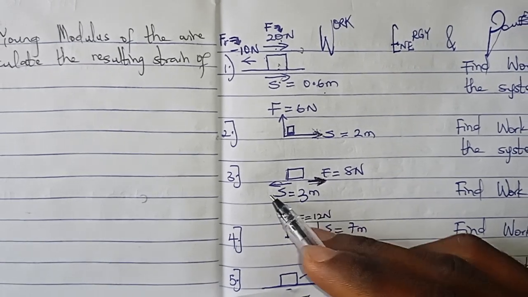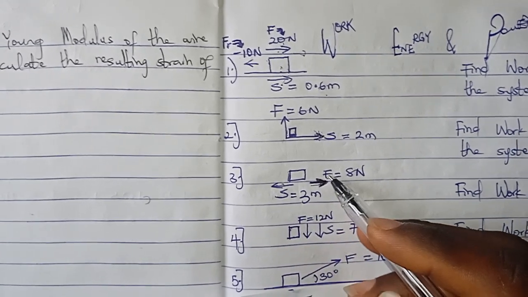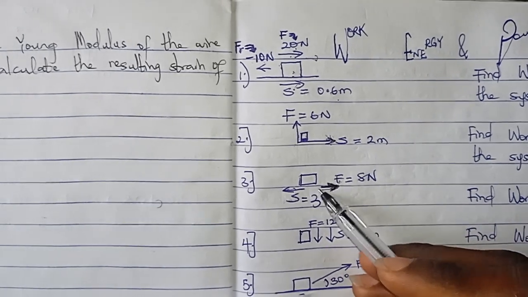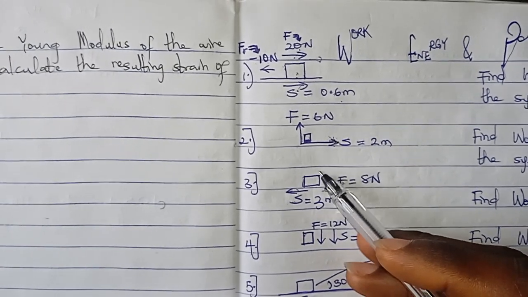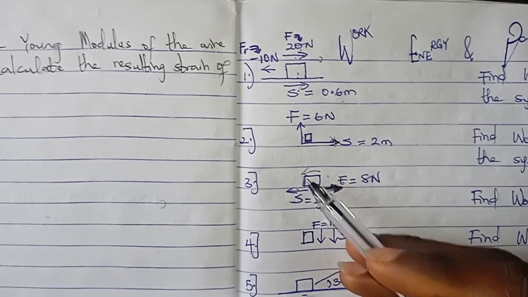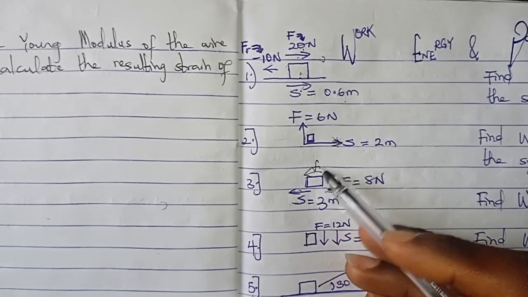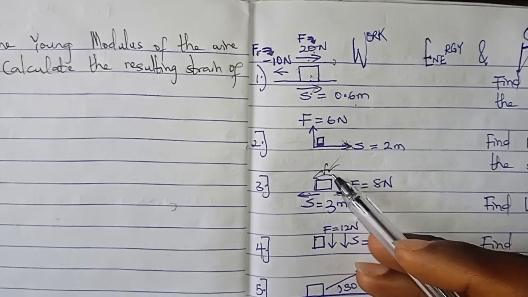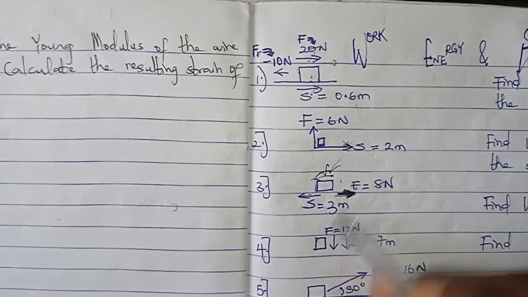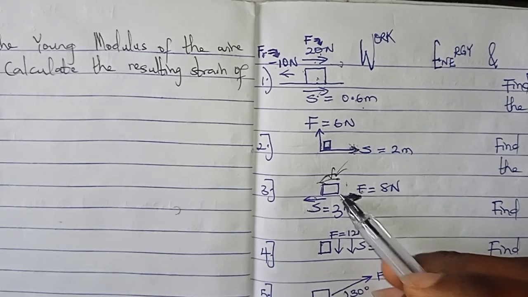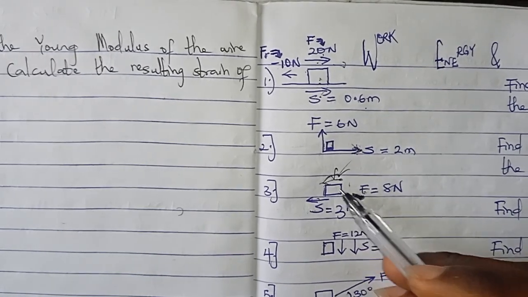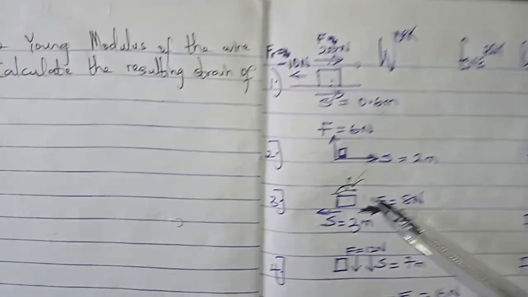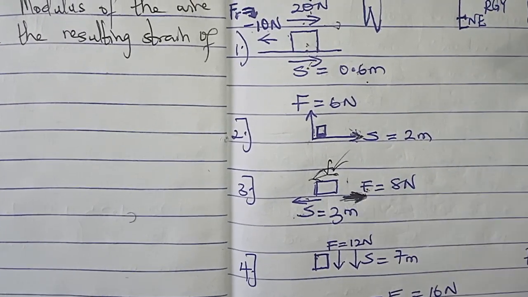Since it's going in this way, the only force acting this way, since it's horizontal, will be frictional force. So there is no forward force here, but the frictional force, which is the one that opposes motion. Once you have any horizontal axis, it opposes it. So the only work done in this case is work done by friction.